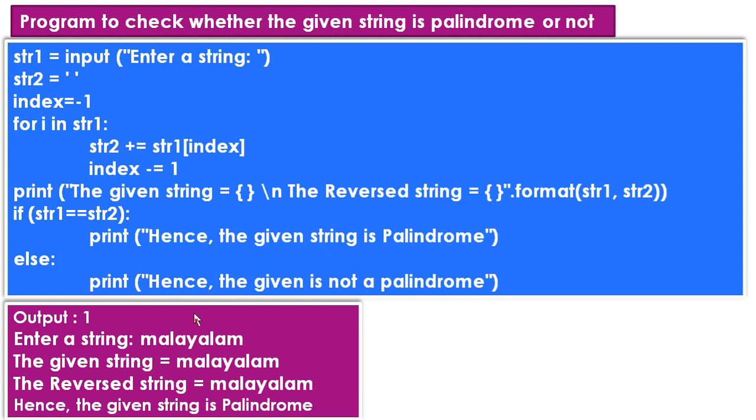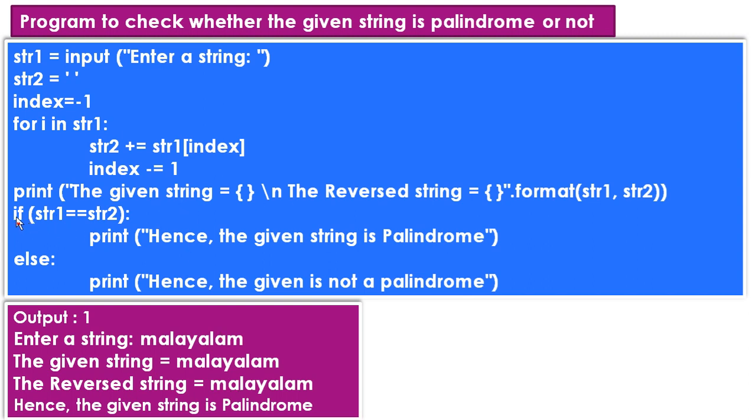In the third cycle, -3, we get the reversed string MAL, and so on up to Malayalam. We get the final result, the reversed string. This print statement prints the given string and also the reversed string.